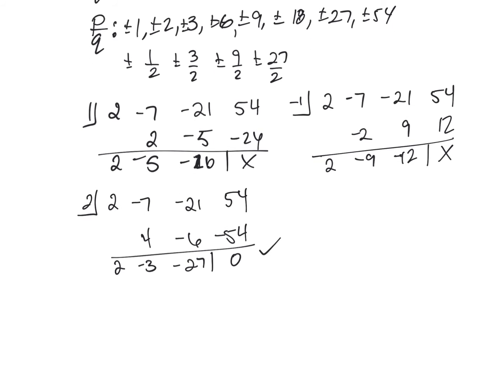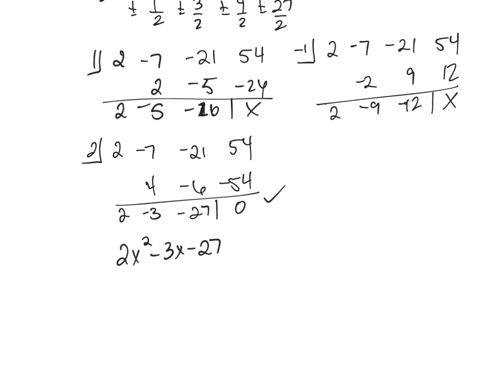So we found an answer. Now we have 2x squared minus 3x minus 27. And is this factorable? 2x and x. 9 and 3, 6x and 9x.